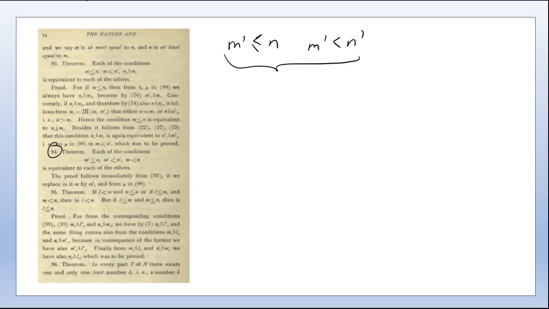This proof follows from 93 if we replace m by n primed, and from mu in 90. I don't know actually, how does that follow? N primed is less than n primed is less than n primed.